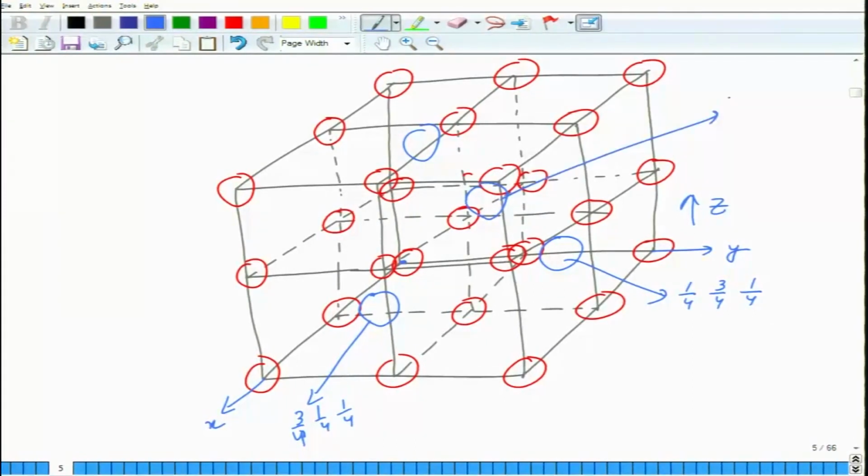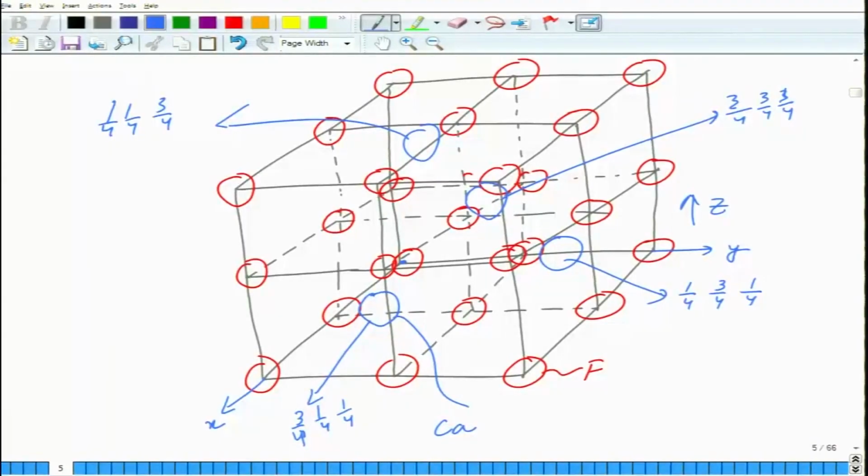This one will be 3 by 4, 3 by 4, 3 by 4. The coordinate of this will be 1 by 4, 1 by 4, 3 by 4. So, this will be the bigger unit cell which is constructed by fluorine atoms. So, this is fluorine, this is calcium. Okay. So, this is how the coordination is.